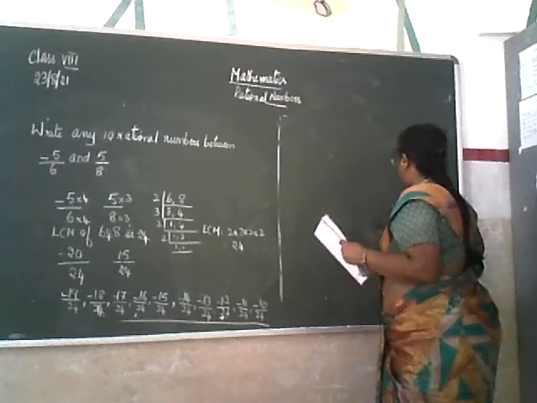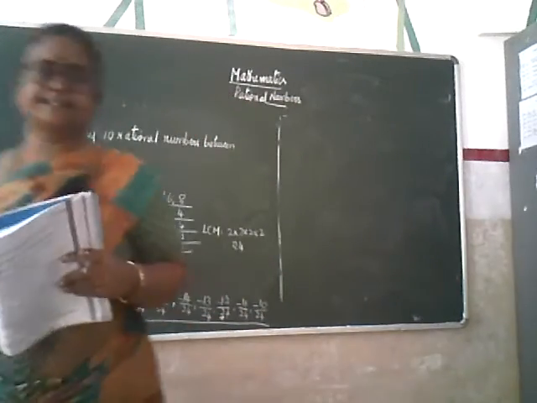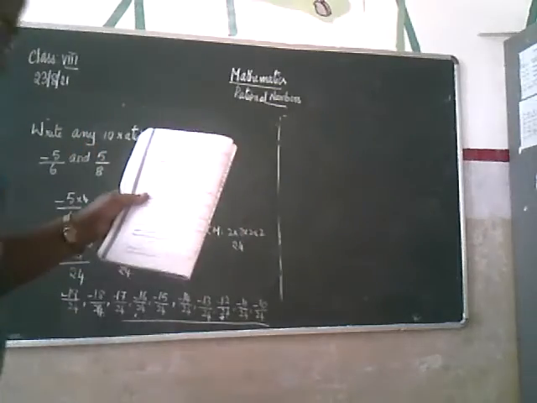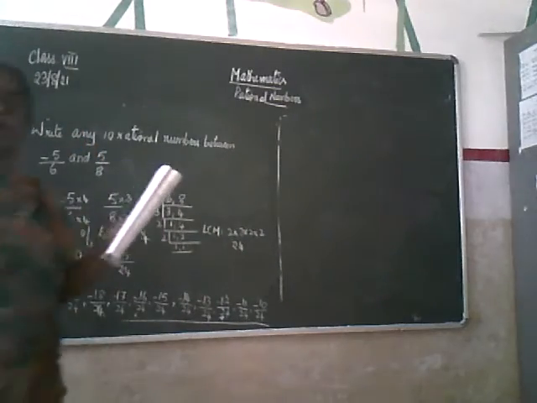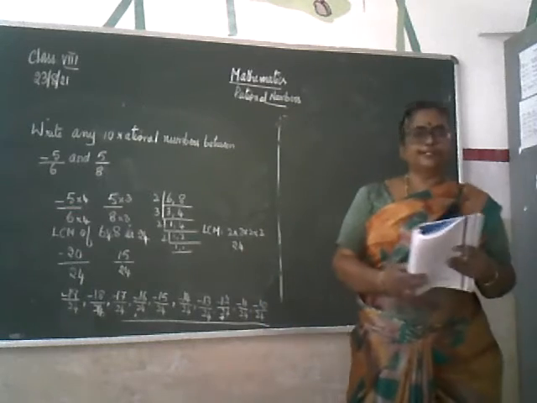So, when the denominator is same, there is no problem. When the denominator is different, you must take the LCM of it, make the denominator same, that is equivalent fraction, then you do it. Okay?